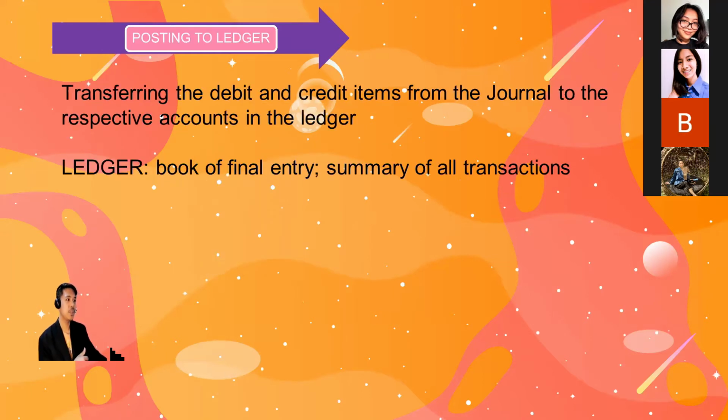So the next step is posting to the ledger. So basically, it's transferring the debit and credit items from the journal to the respective accounts in the ledger, no? So ledger is the book of final entry or summary of all transactions. So for example, you have debit accounts receivable, credit sales, no?